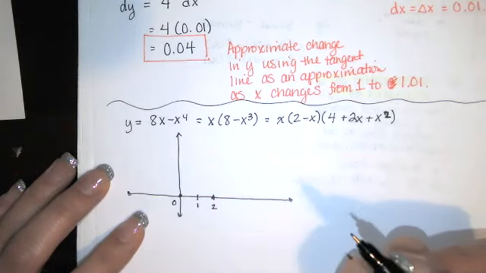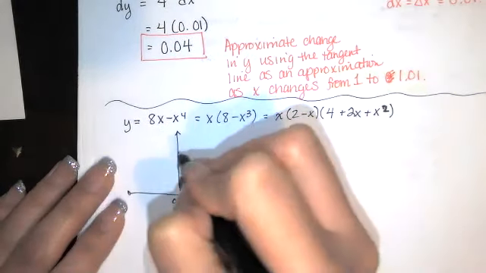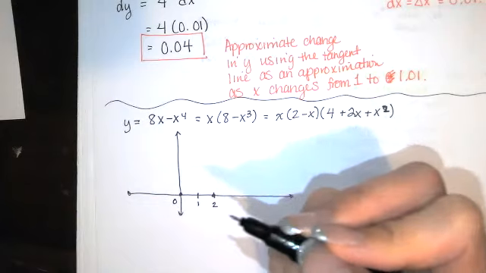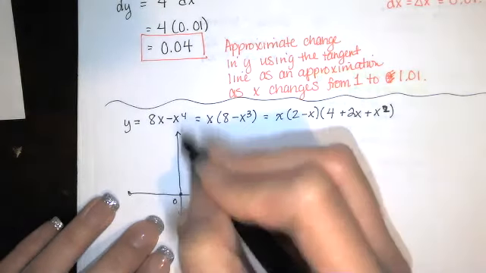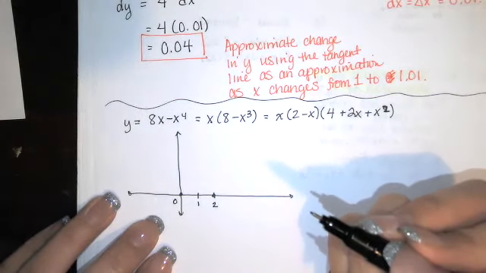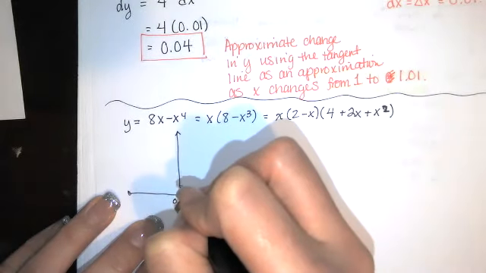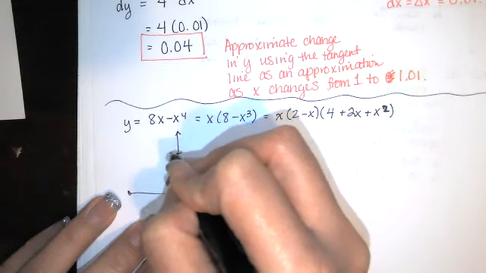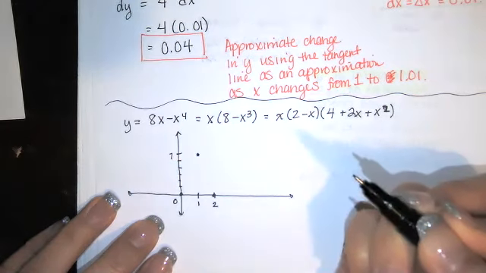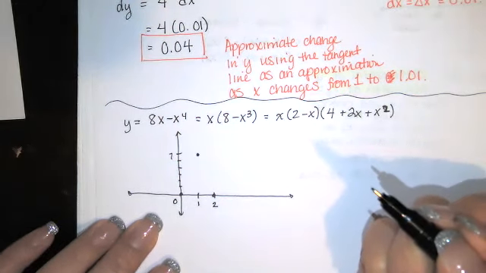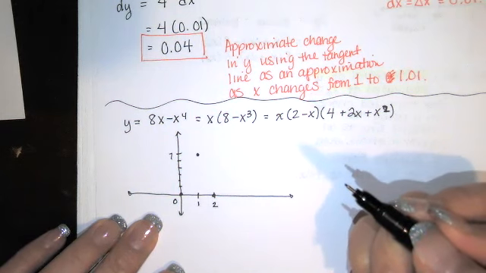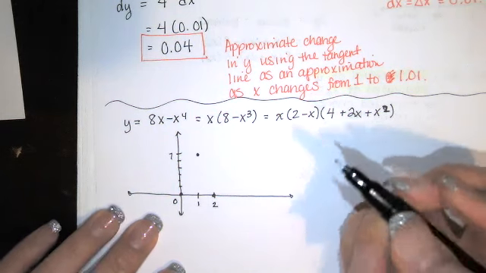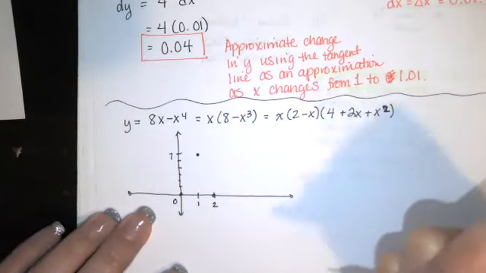And we found that at x equals 1, y is equal to 7. Ooh, this is going to be really bad unless everything is to scale. It's not going to be to scale, I'm sorry. Okay.